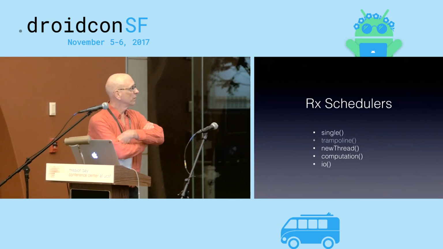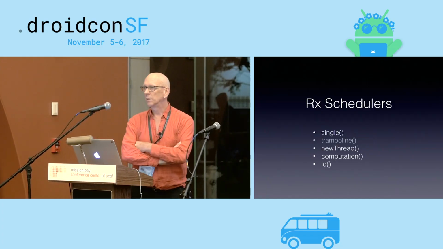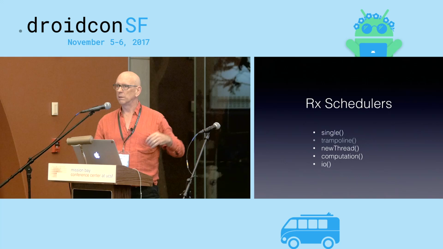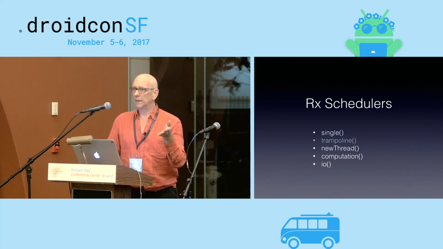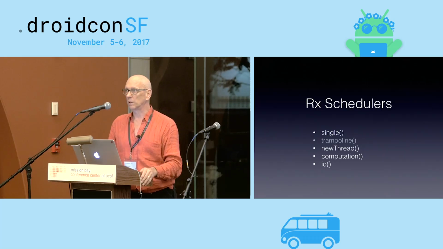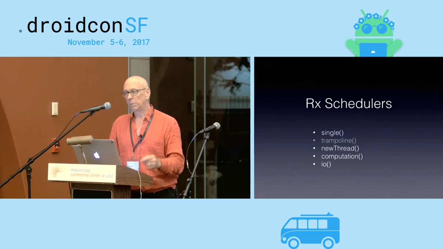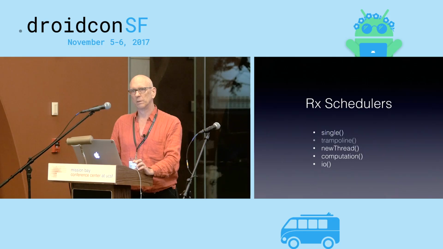There they are: single, trampoline, new thread, computation, and I/O. RxAndroid has a couple of others, which I'm not showing here. But you could use any of these schedulers. It makes sense to understand what they're for before you use them.